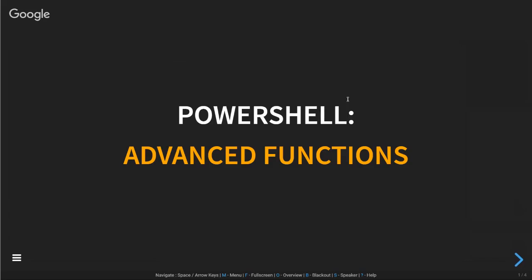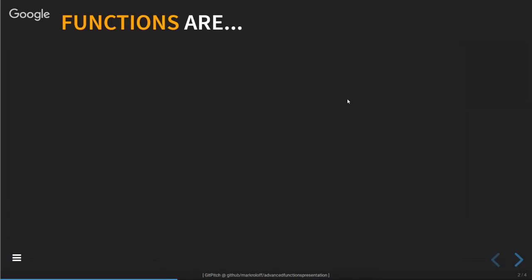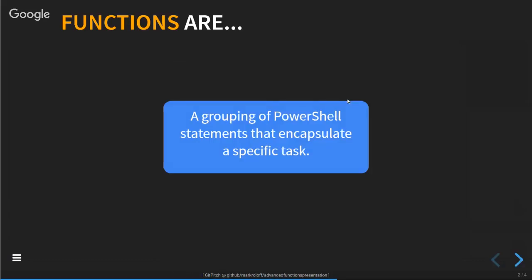So without further ado, functions, if you're not aware, are a grouping of PowerShell statements that encapsulate a particular task. When you're approaching problems that you're going to solve with your scripts, you're going to break them down into smaller and smaller steps, smaller and smaller pieces. It's a process called functional decomposition.